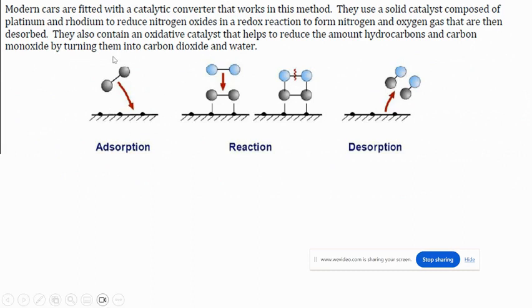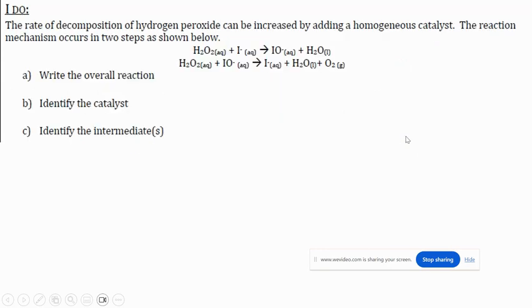Okay, so here's an example of that. It goes in, it binds with it, it gives you a better orientation, and then it pops back out.